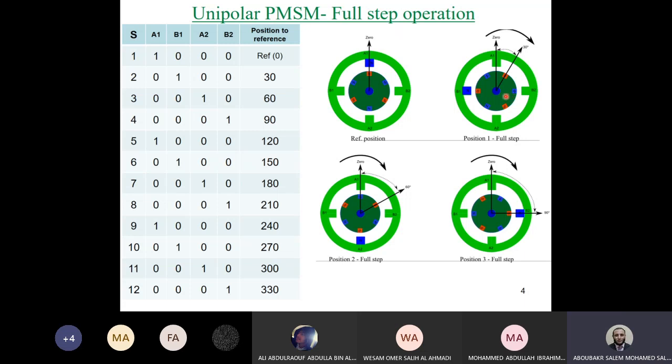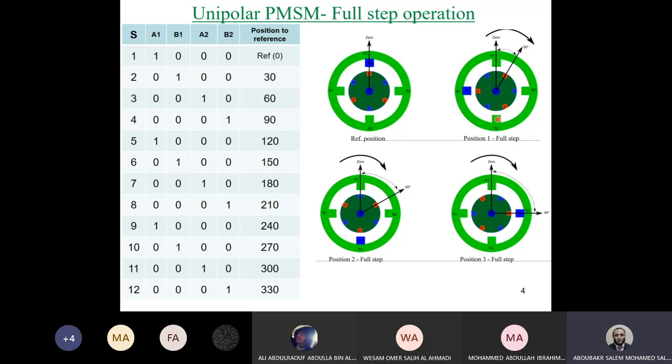And let's assume the third case, at step number 3, we energize A2, which means this part will be N. So in order to recognize the operation, we have to go to the previous step. So we have to look at this figure. As you can see here, we still have 30 degrees between this pole S and A2.